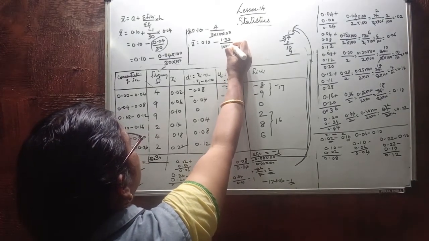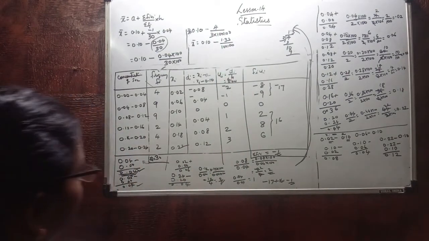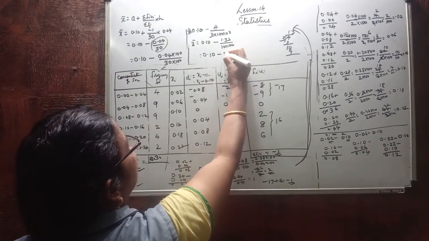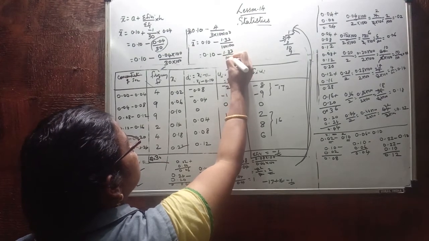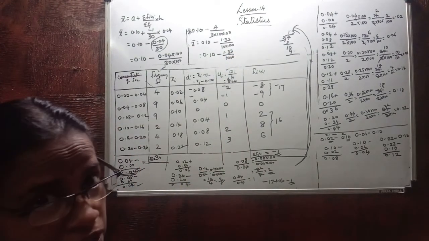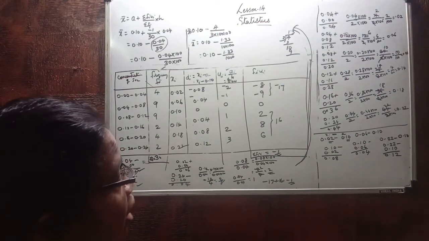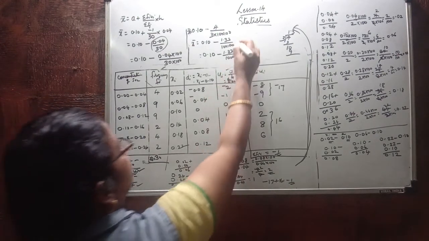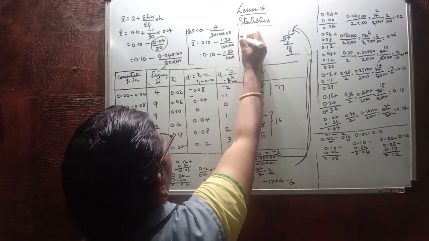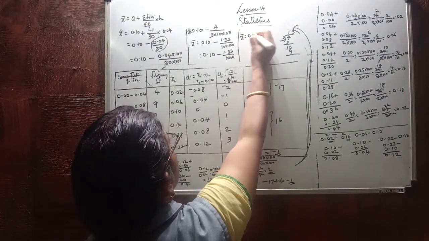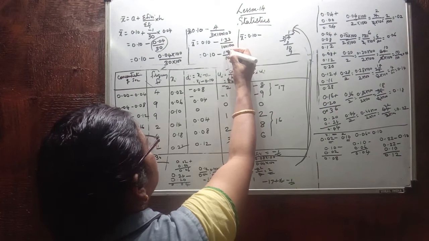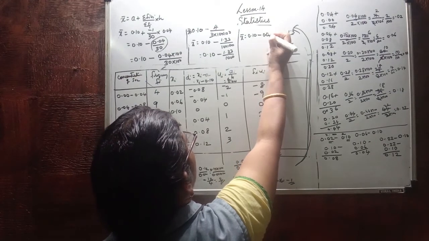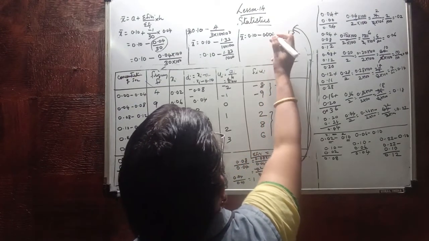It comes to 1.33 divided by 1000. Divided by 1000 means you have to move the decimal point 3 digits to the left. So 3 zeros here. So x bar equals 0.10 minus. Here 3 digits should come. So 1 is here, again 2 more zeros. 0.001. Now 3 digits come.